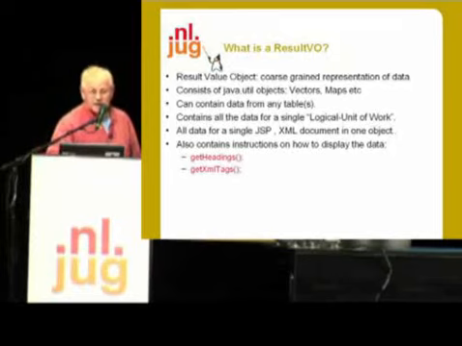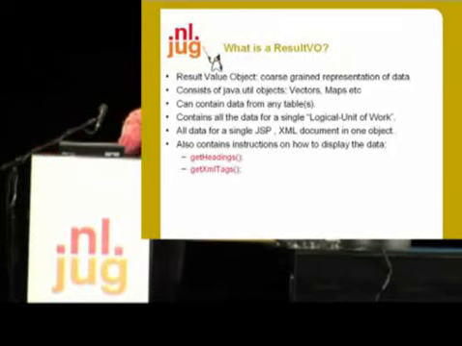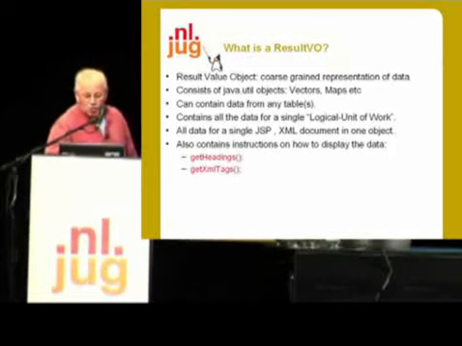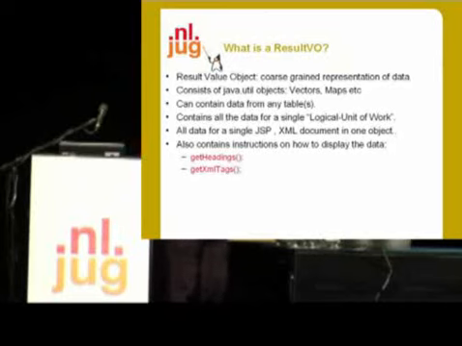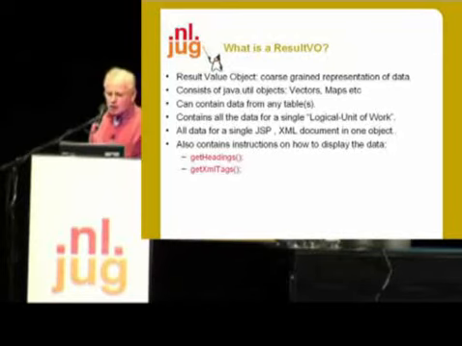But coming back now to our result value object, this is our result value object. We have one vector which has got an overview of all the employees. We have another vector for a form of data. Why do we do it as a vector? Because we may have more than one row. But each individual row is a map inside that vector.